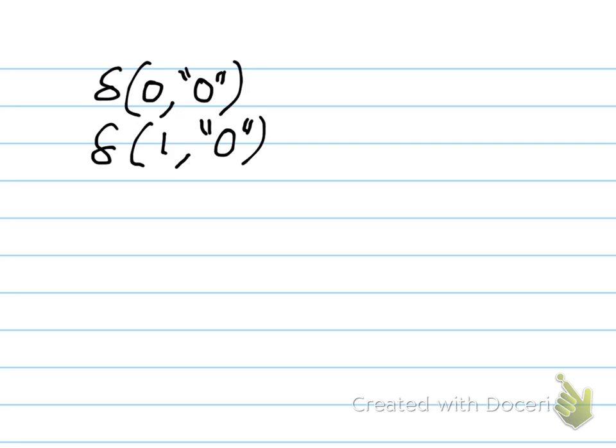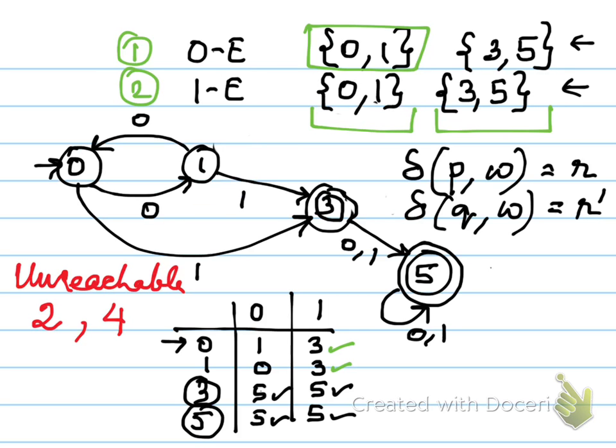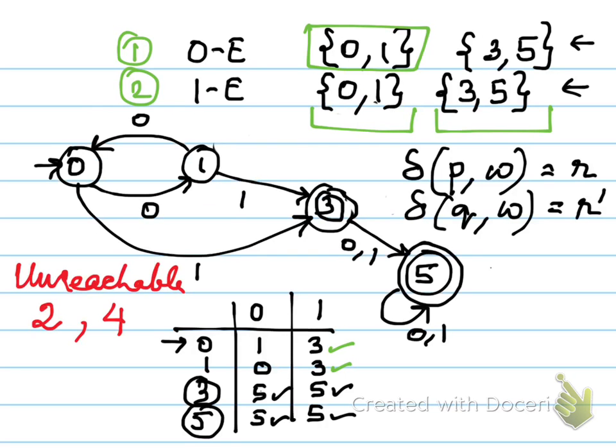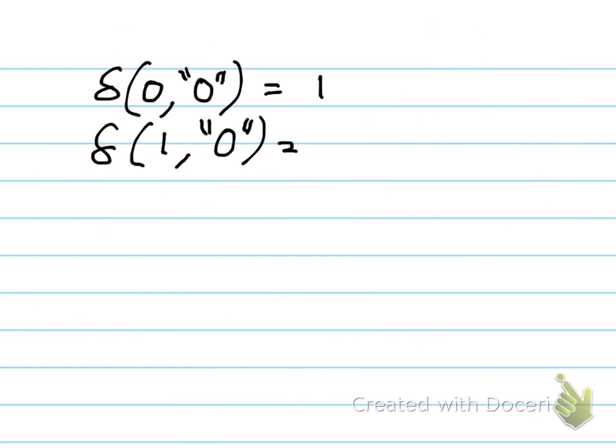So if you look at this, delta of state 0 on input symbol 0 and delta of 1 on input symbol 0, what do we get? Delta of 0 on 0 goes to state 1, and 1 on 0 goes to 0.